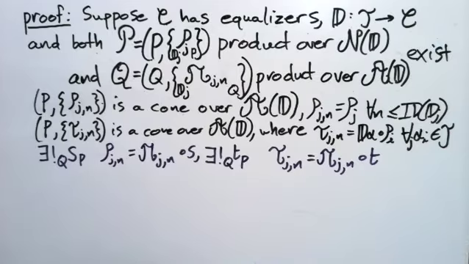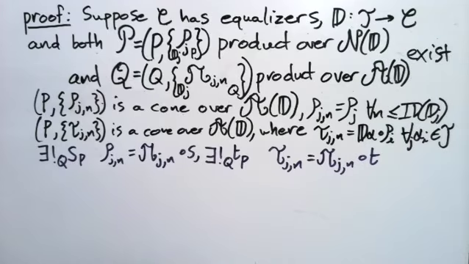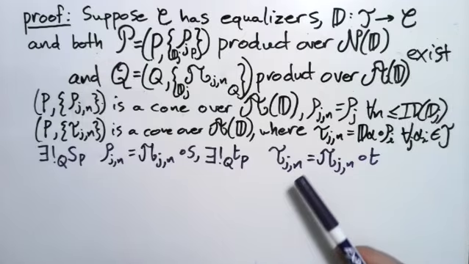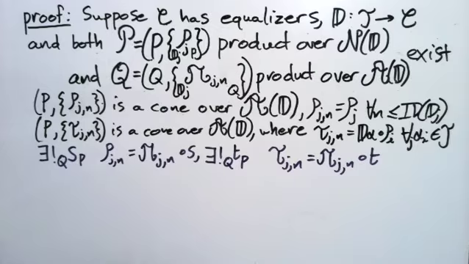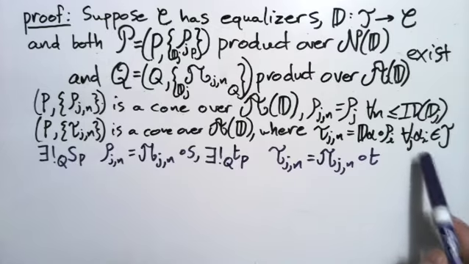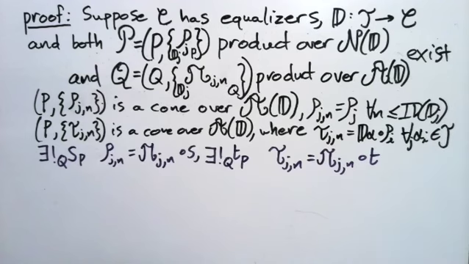And again, it's important to keep track of these indices here. This is over all j for every object j in our index category J here, and over all n, where n just counts up to the in degree of dj, right? Which implicitly means we're iterating over all of the morphisms in J which have codomain j. I've repeated that a couple times, but it's important to keep track of all that.